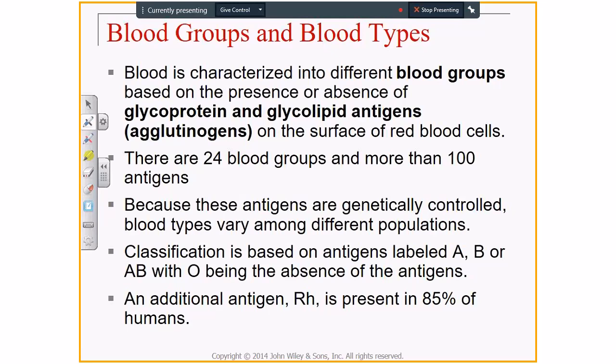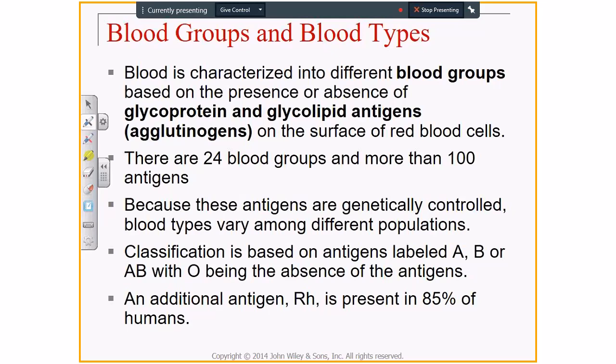The big thing to remember is that virtually every cell in the body has proteins sticking on the outside of its plasma membrane. And later on in this semester, when we get to immunology, you'll find out that our bodies are really, really good at recognizing self versus non-self proteins.